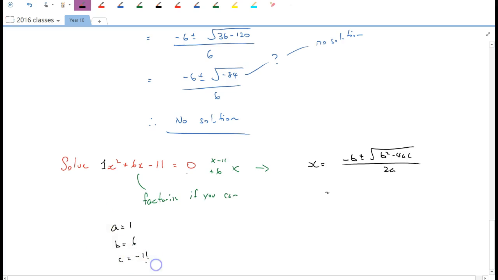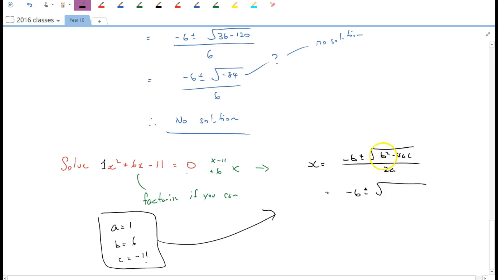Right, so we're going to take those values into my formula. Minus b is minus 6 plus or minus the square root of b squared, which is 36, minus 4 times a, which is 1, times c, which is negative 11, all over 2 times a, which is just 2.